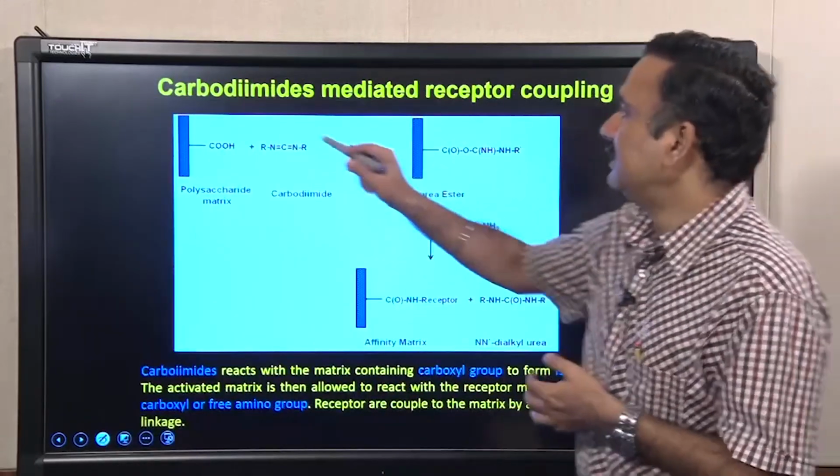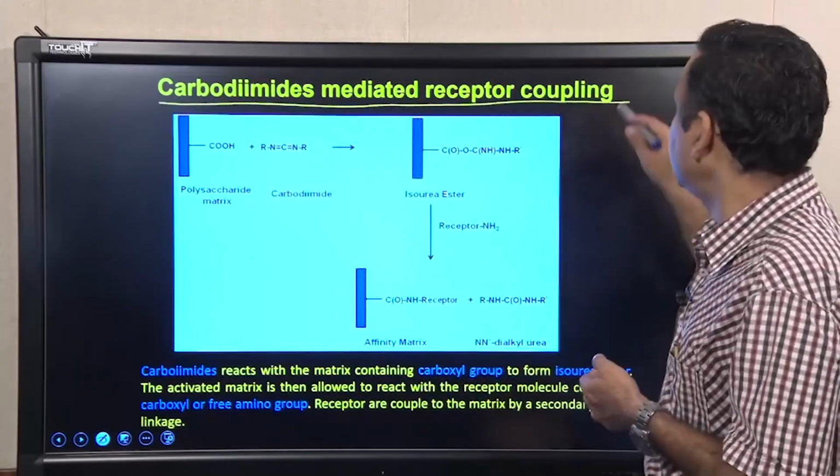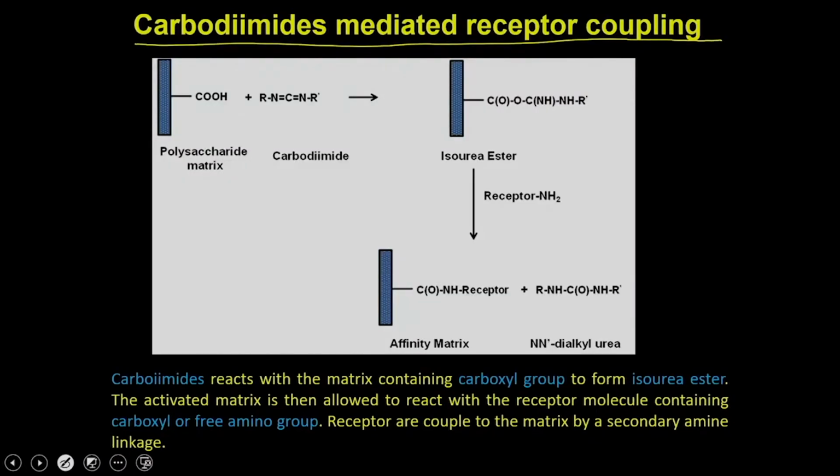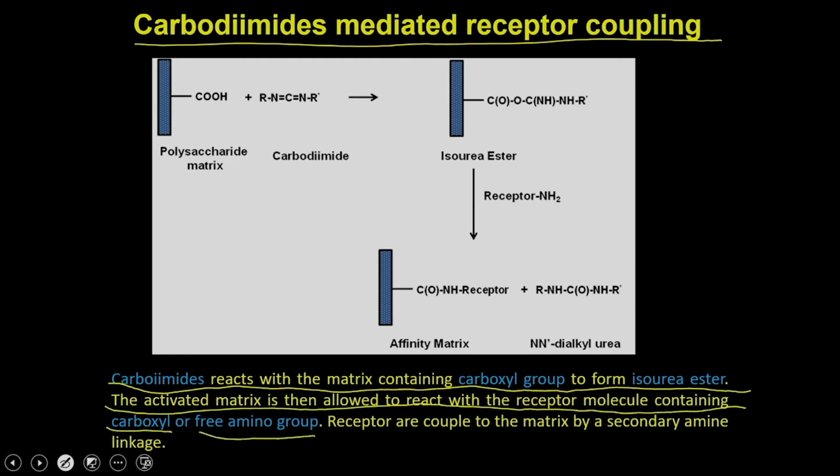The second is the carbamide mediated receptor coupling. In the carbamide mediated receptor coupling, the carbamide reacts with the matrix containing the carboxyl group to form the isourea ester. The activated matrix is then allowed to react with the receptor molecule containing a carboxyl or free amino group.